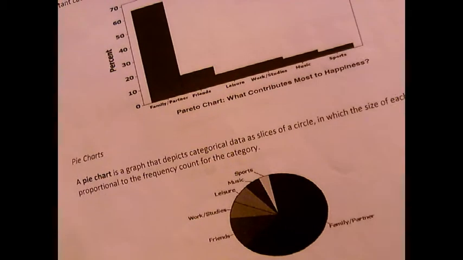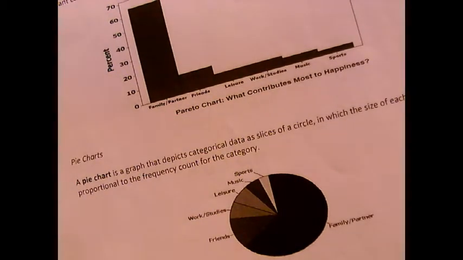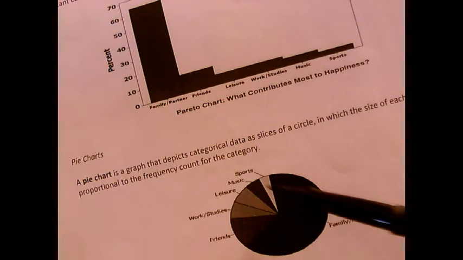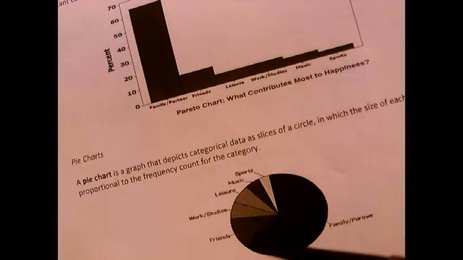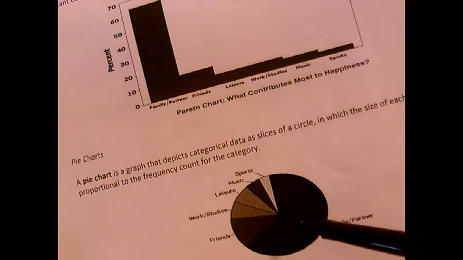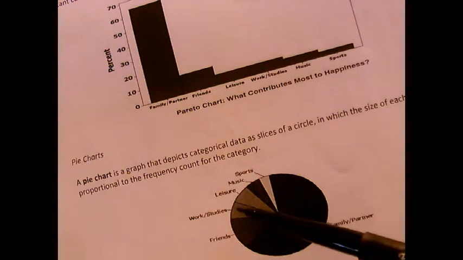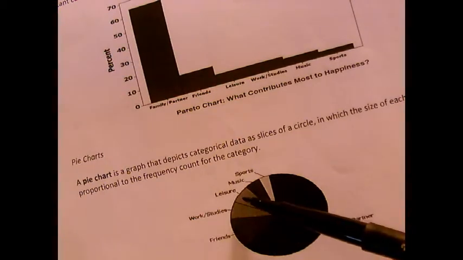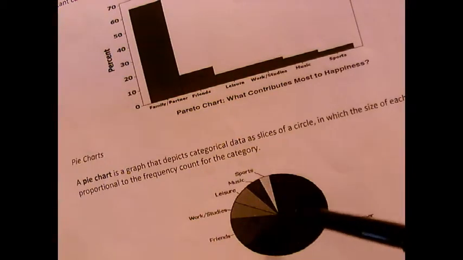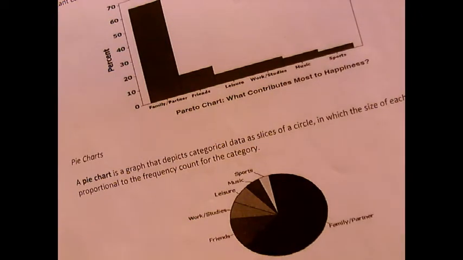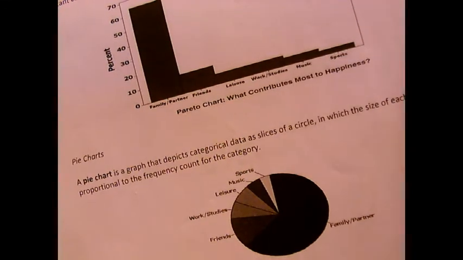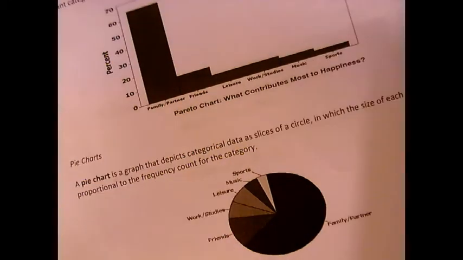So in this case, if we look at what contributes most to happiness, we can depict that as a pie chart as well, where the biggest slice deals with the family and partner, and then next is friends, then work studies, then leisure, then music, and then sports, with the smallest piece of the pie. So this is just an illustration of what a pie chart looks like.